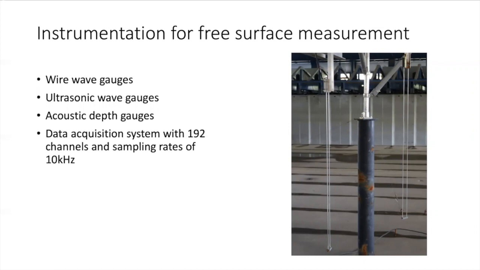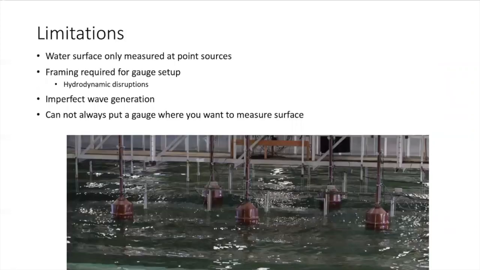So you can put out multiple of these gauges at once and record at sampling rates of 10 kilohertz or more. So some of the limitations that these have are that they only measure the water surface where they're stationed. So you don't get an idea of what's going on three-dimensionally in the wave field.